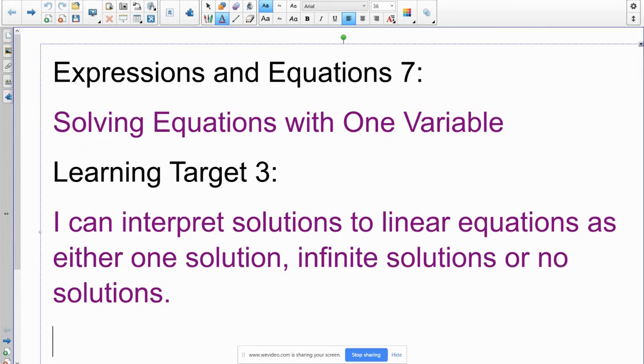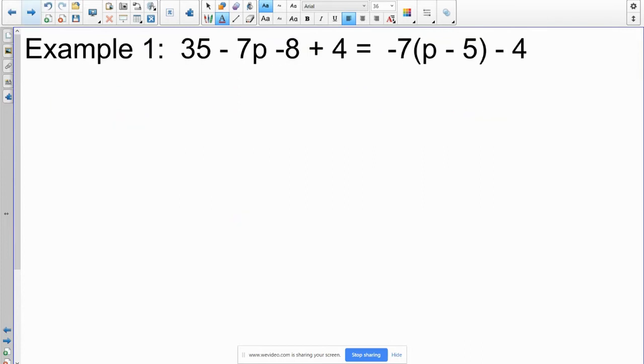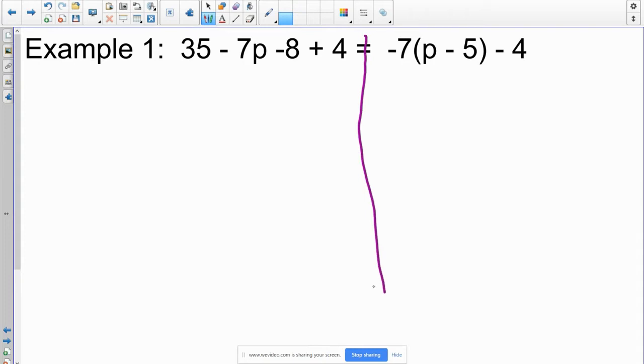So we're going to start here with our first example, and as you look at it, it's almost like the last one, except we're going to actually solve it, and I should say simplify it to the point where we can decide how many solutions there are. So the first thing I'm going to do is simplify this side over here, and I'm going to use that box method to look at the like terms.